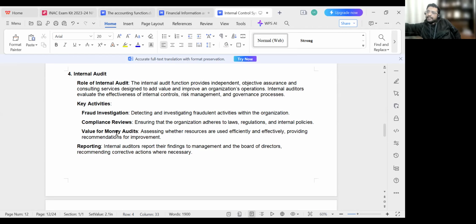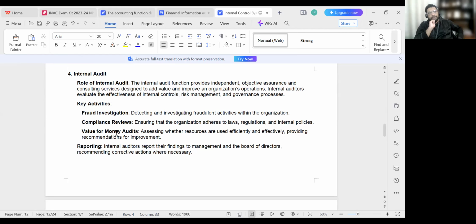External auditors are ensuring that the financial statements which shareholders are going to use represent a true and fair view, right? That's the responsibility of the external audit department.